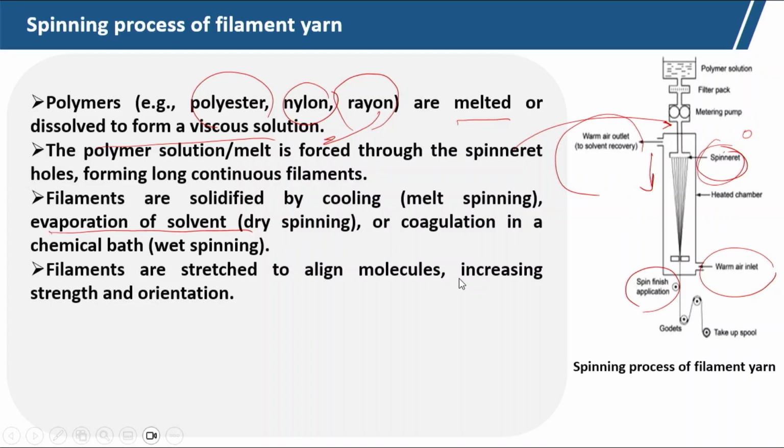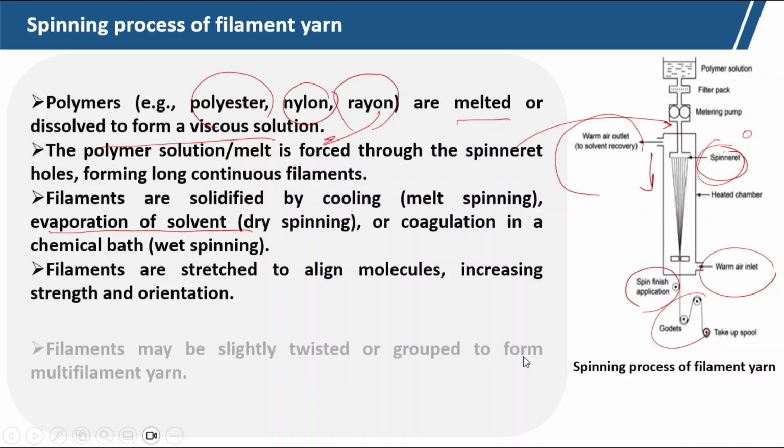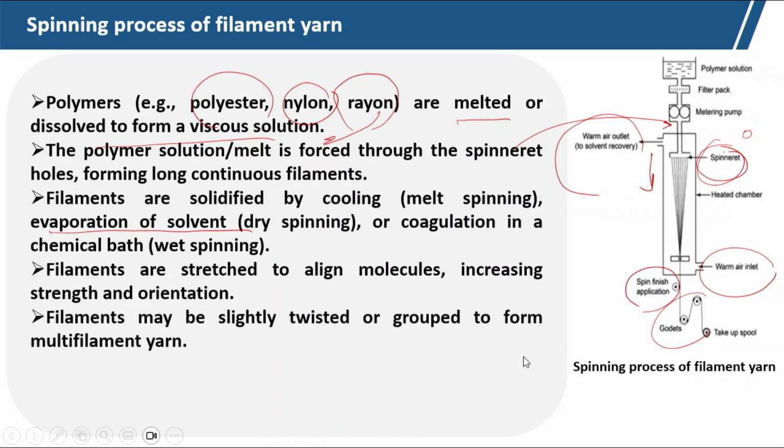The filaments are stretched to align molecules, increasing strength and orientation. After that, the filaments are stretched on the godet roller. Depending on the stretch, the molecular orientation changes, and for highly aligned molecules the strength becomes very high. The filaments may be slightly twisted.